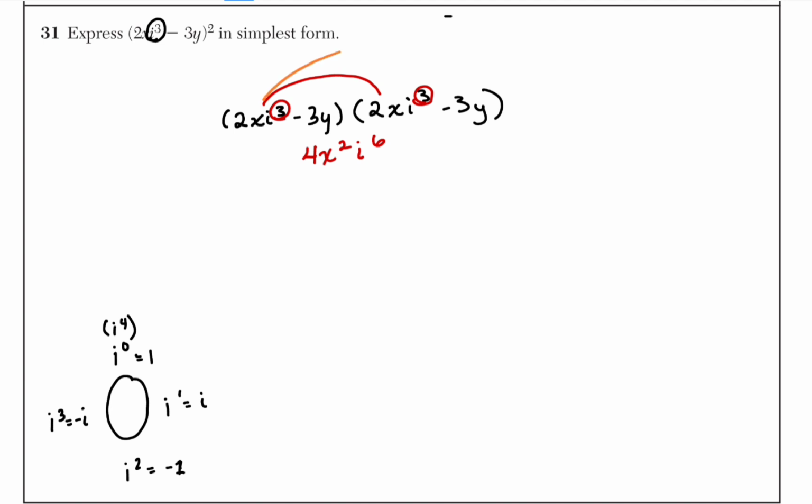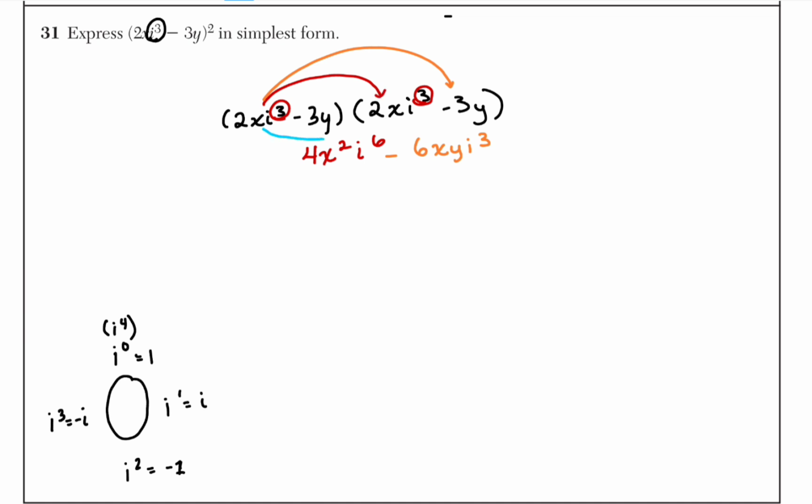Now we do this part. 2x i cubed times minus 3y. So that's going to be 6xyi cubed. There's no other i term, so we just bring down the i cubed, and then 2x times 3y is 6xy, and we bring down the minus sign.